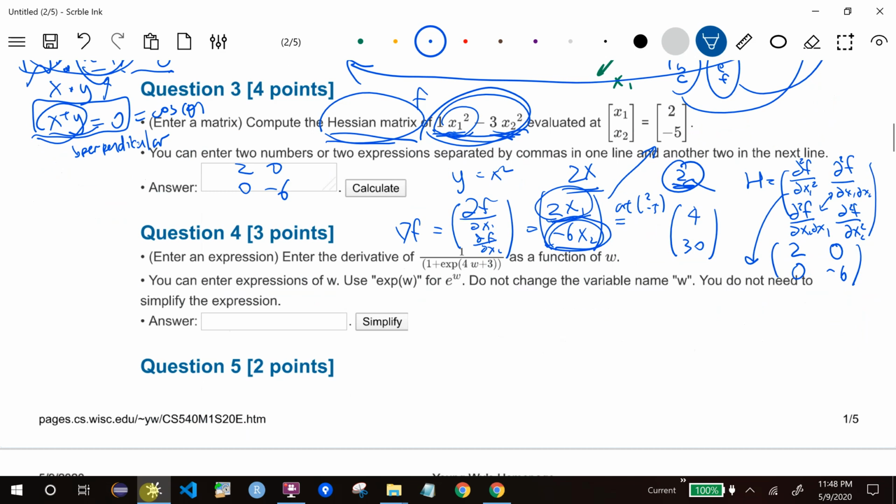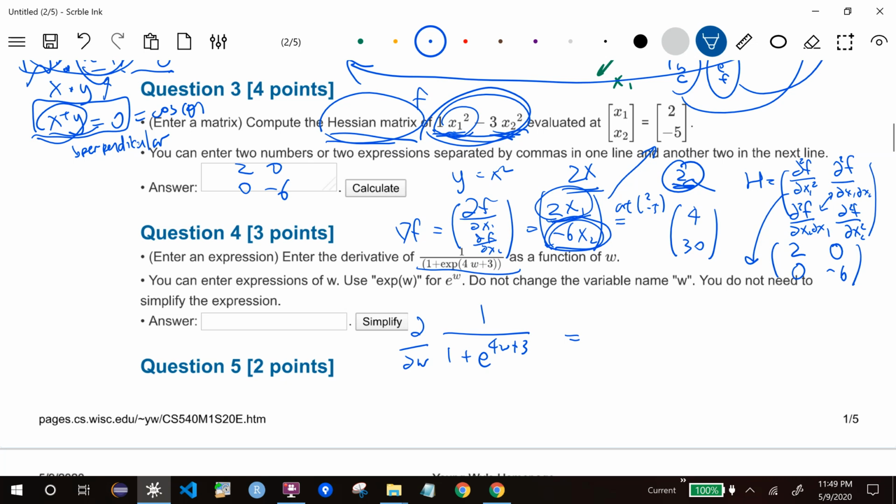The next one is just an exercise in chain rule, how to take a derivative with respect to a function of one variable. We want to differentiate this thing with respect to w, so we want to use the chain rule.